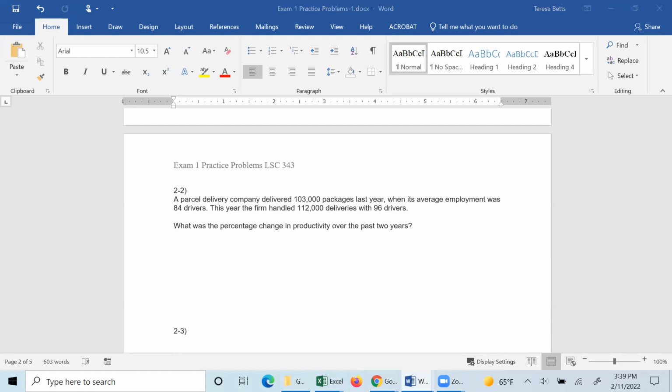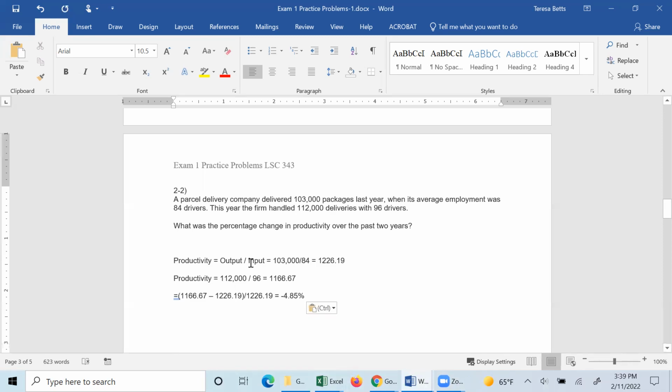Well, for this one, we have to calculate the productivity for last year and the productivity for this year, and then we have to figure the change. Okay, so that looks like productivity for last year. I can go ahead and label that, right, is output over input, which is 103,000 divided by 84, and productivity for this year is 112,000 divided by 96.